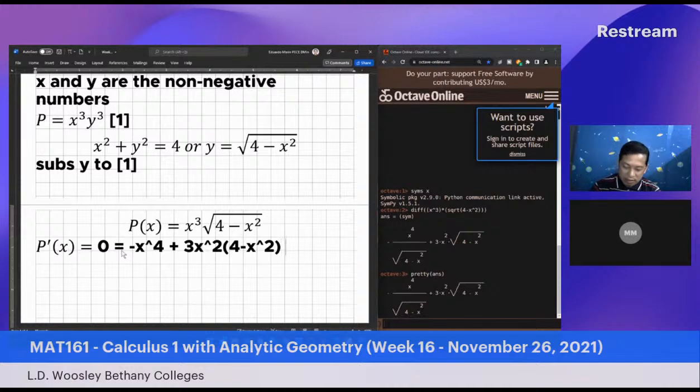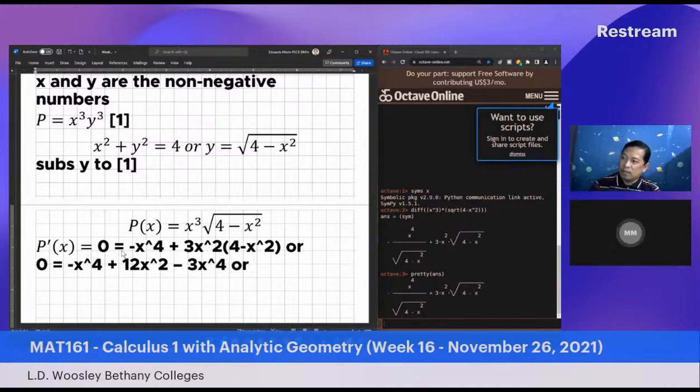Yan, simplify natin. So that would become equal to 0 now, would become equal to negative of x squared. So, ano natin, Micaela? So this will become 12 x squared, okay, minus 3 x to the fourth. Tama ba?